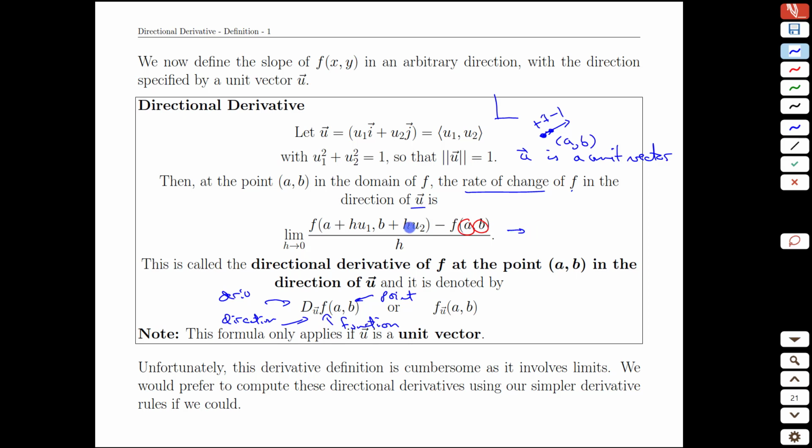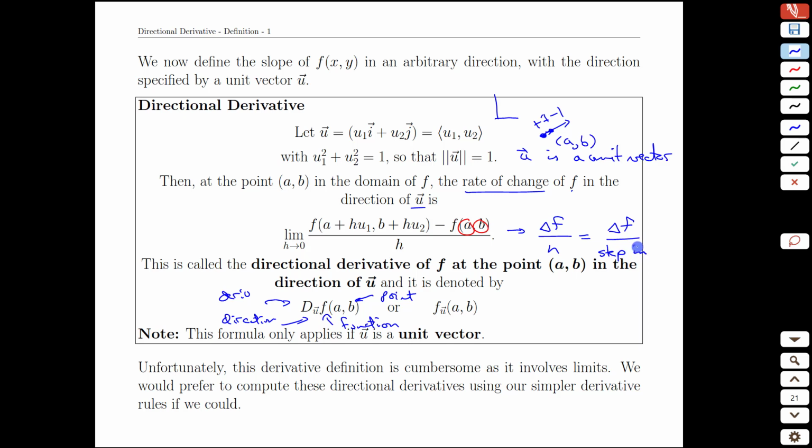Notice the numerator here is a change in f values, and h being the multiplier for this vector is actually equal to our step size as well. Our vector is length 1. If we scale it by h, then we have a step of length h, and so we have delta f over h, or we can think of that as delta f over the step.